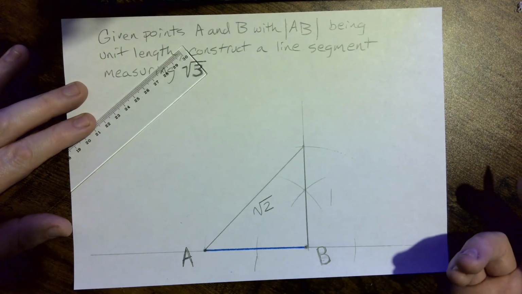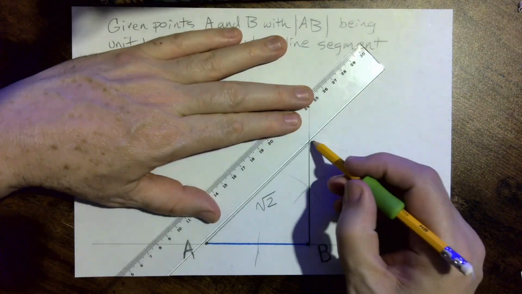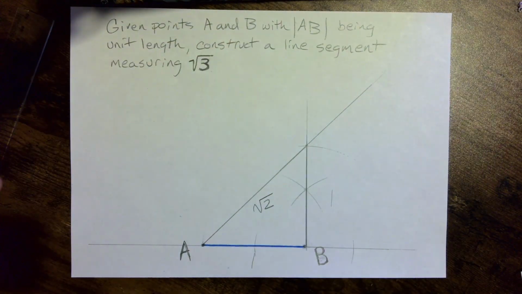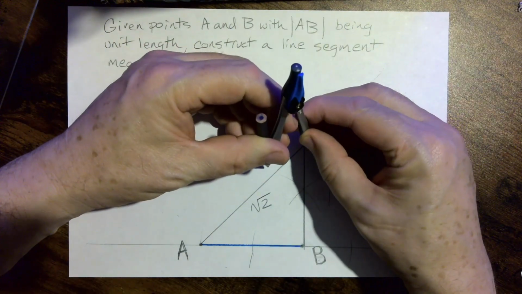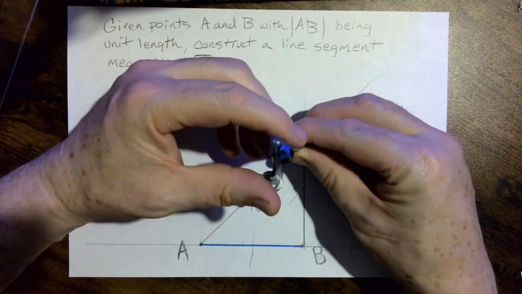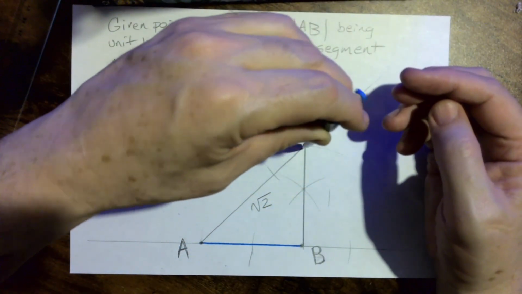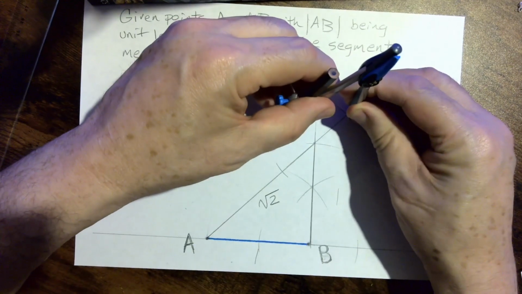How do we get square root of 3? Well, let me just extend this. And here, let's do the same thing we did before. Let's put a perpendicular through this point in this line, like so.